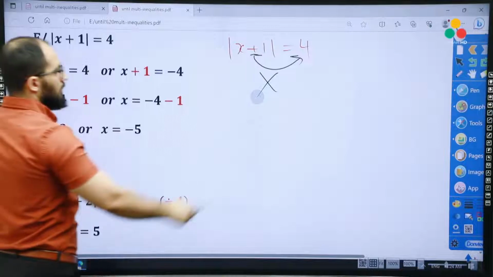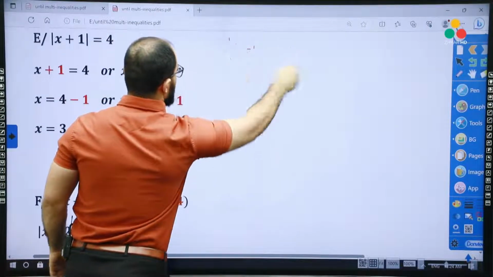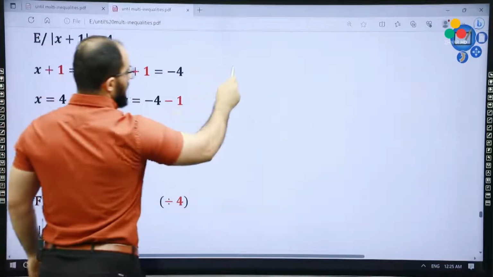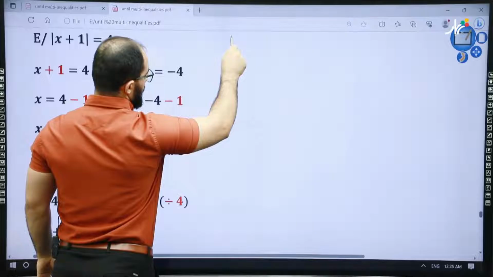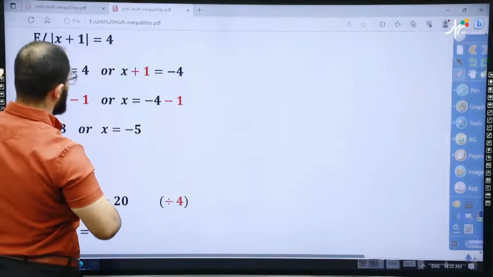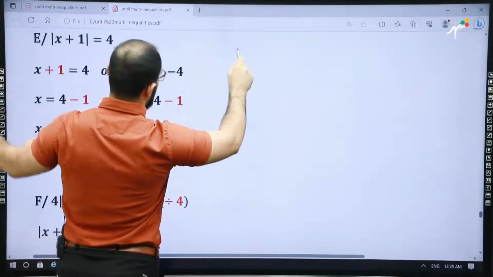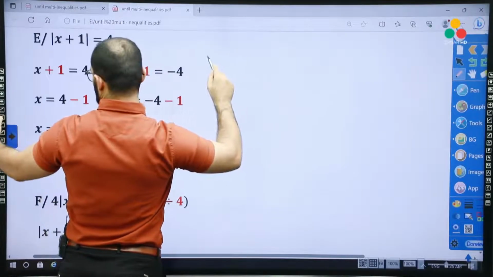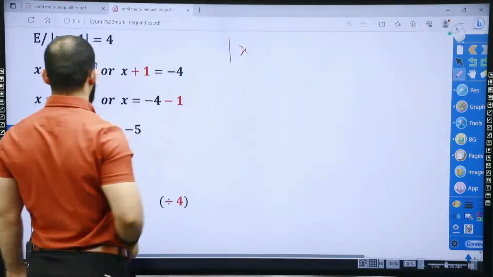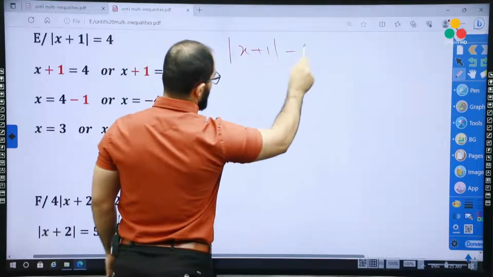So what shall we do? We are going to apply the definition of absolute value.